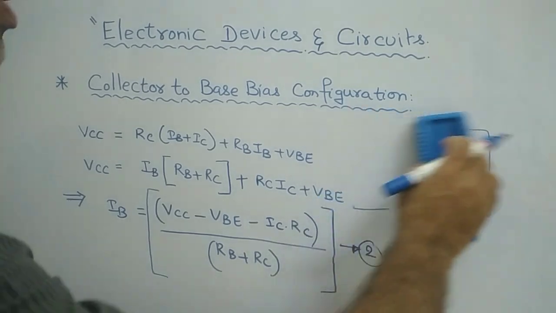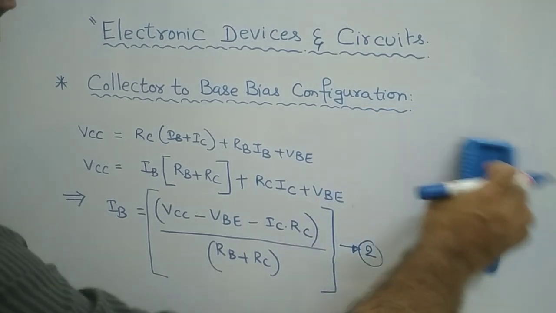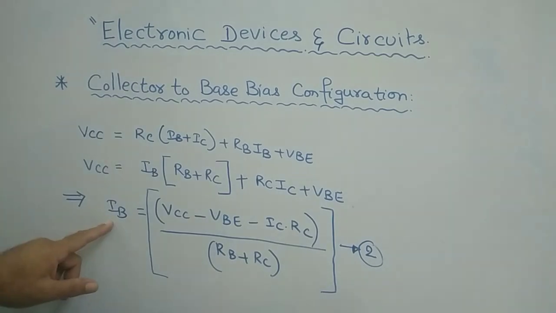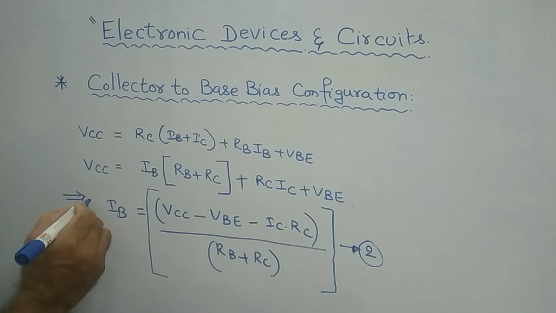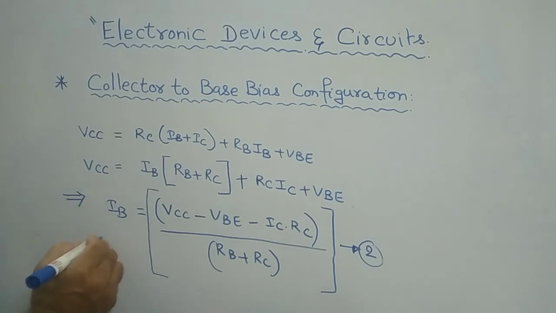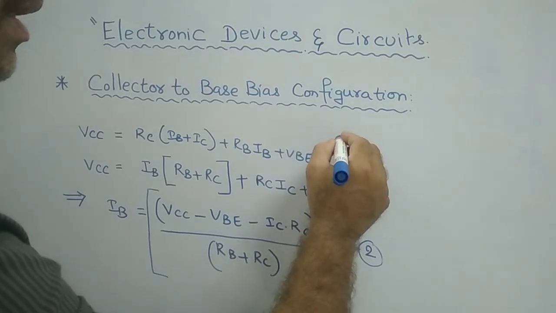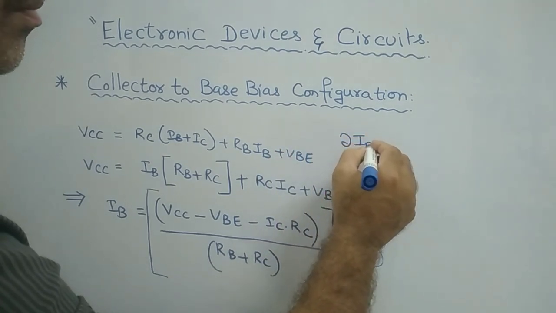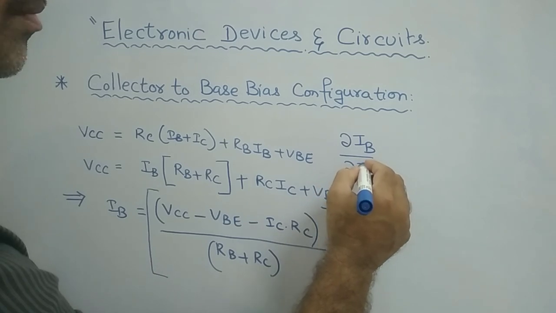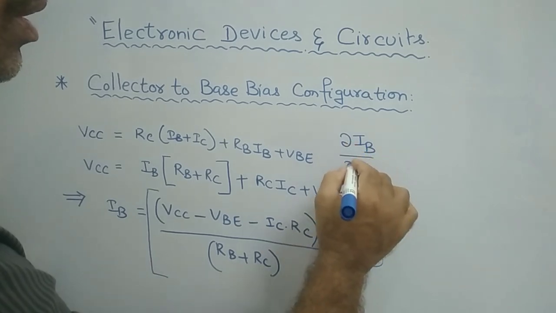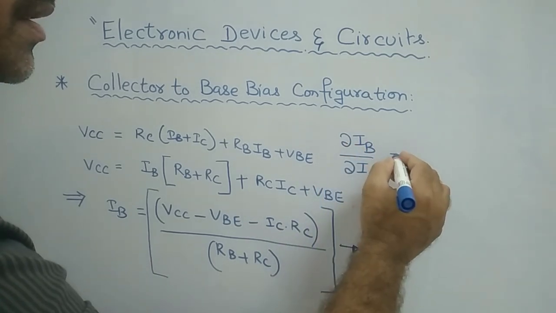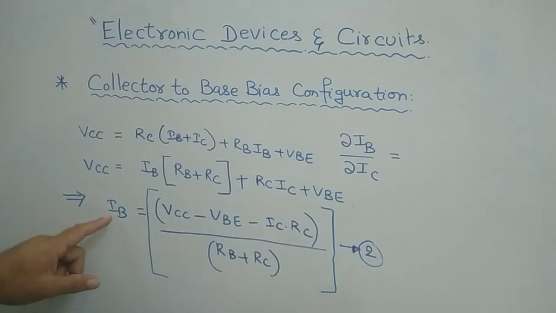Now, by differentiating the IB, I am going to differentiate dou IB by dou IC. Here I will write dou by dou IC of IB is equal to, what you will get actually?